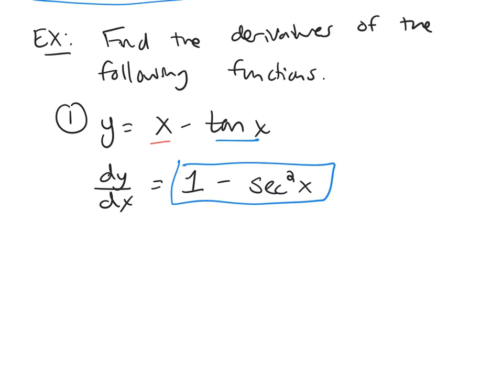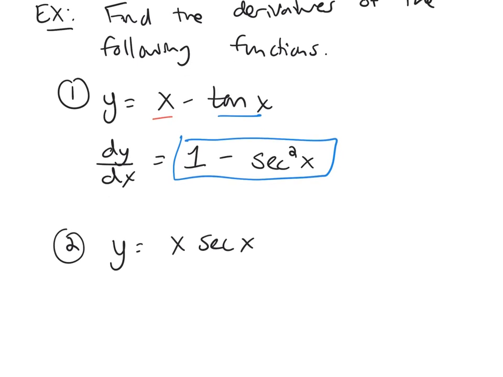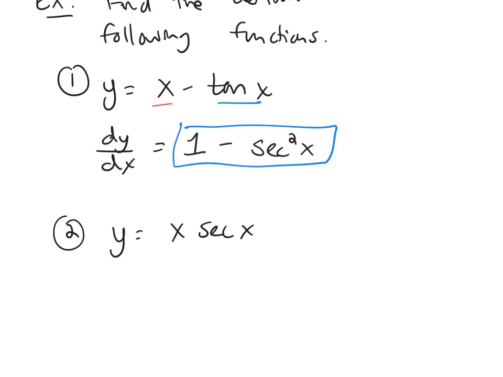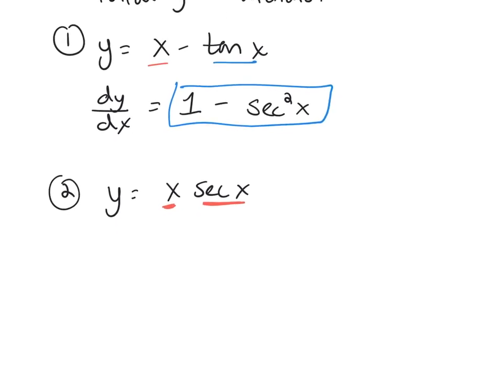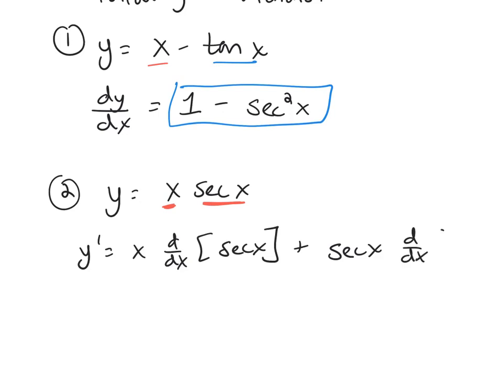One more trig function. Let's look at y equals x times secant x. Now this function, it is a product. It's made up of 2 pieces, x and secant x, so you're going to have to use the product rule here. So y prime, derivative, x times the derivative of secant plus secant times the derivative of x.